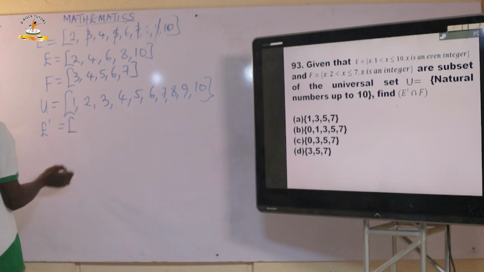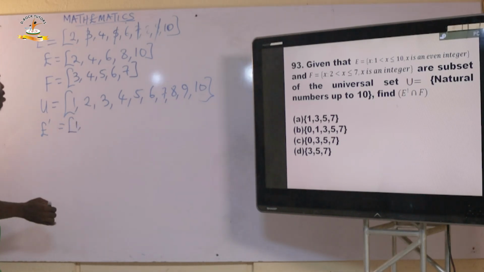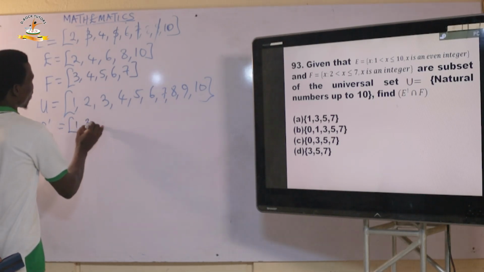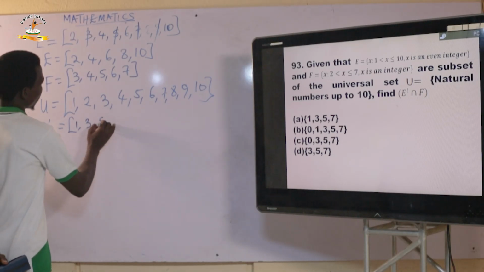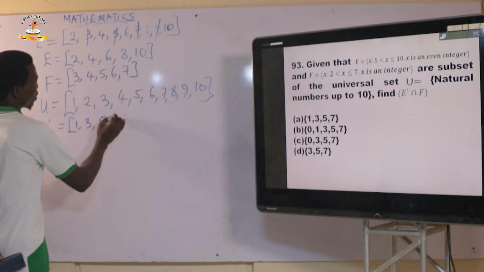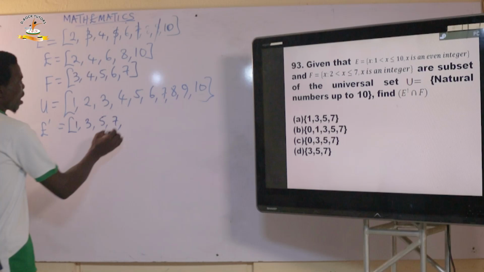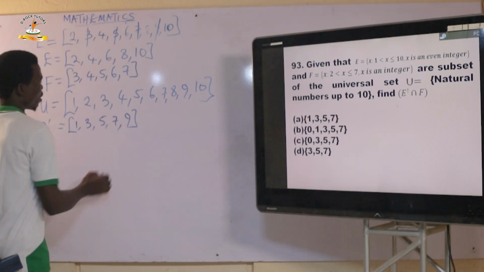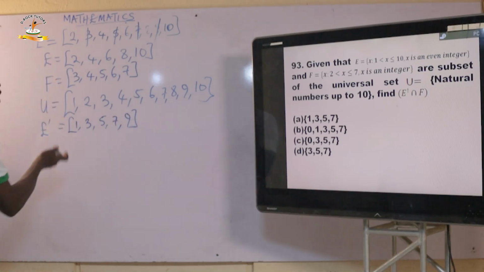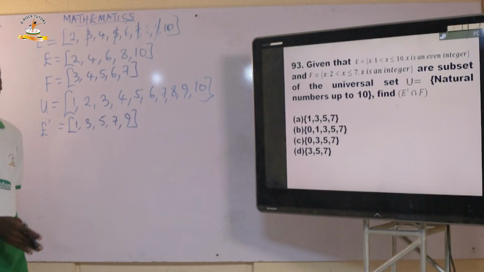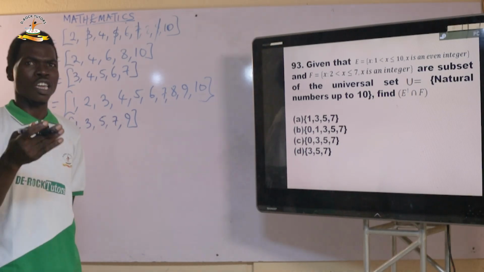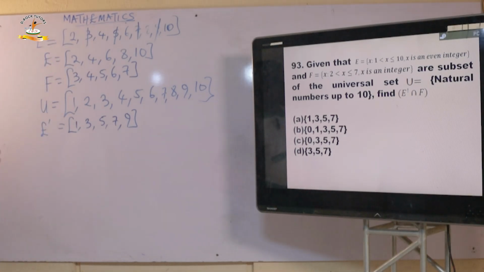If you take a look at that, 1 is never present, 3 is never present, 5 is never present, 7 is never present, and 9. These are the elements that were present in the universal set but never present in E. That is our E prime, or you call it E complement.